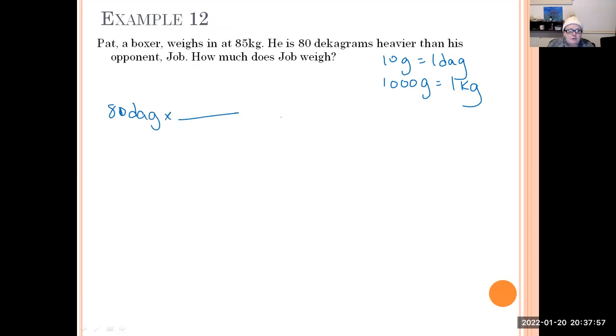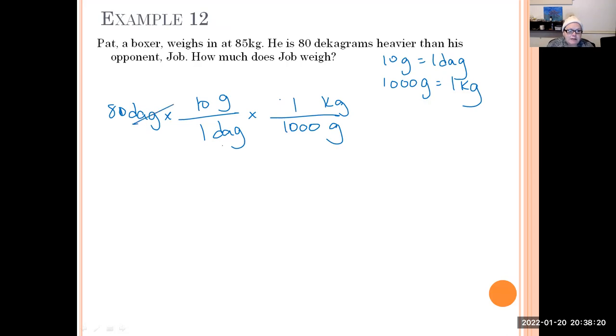We're going to do 2 conversions here. We need DAG at the denominator, the decagrams, and then we'll have grams in the numerator. Then we're going to get rid of the grams and move to kilograms so that we can have the answer in kilograms. All right, there are 10 grams in 1 decagram. There are 1,000 grams in 1 kilogram. All right, we can multiply straight across now.